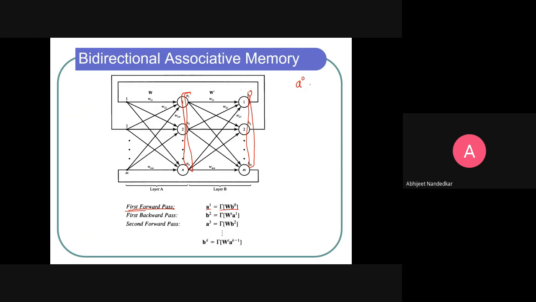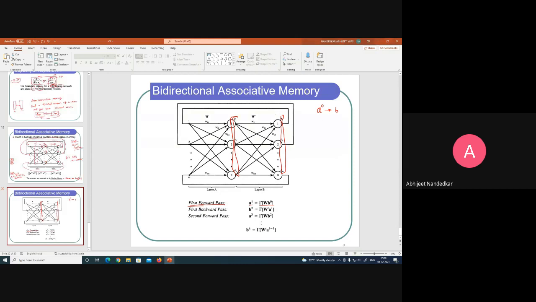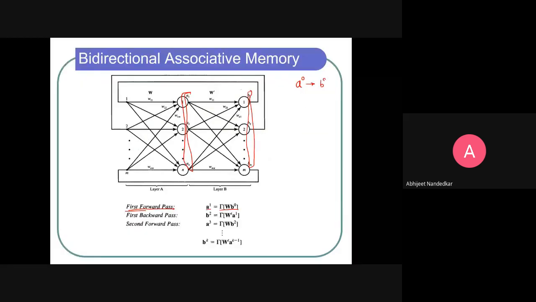When I supply A0, my network will settle to the associated pattern B0. When I supply the network B0, it should return me A0. That's why it is called bidirectional. So you can start with this layer as your input and feed back, or you can start with these vectors, move forward and get a feedback. So anything is possible.